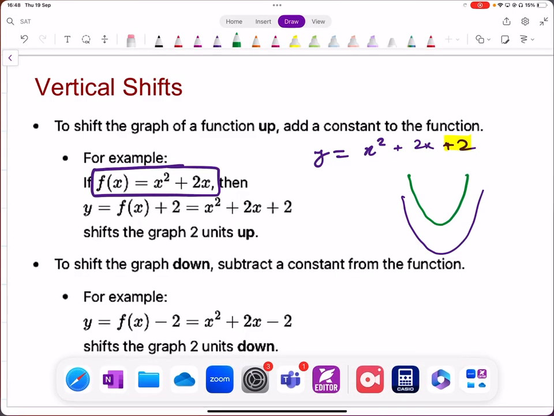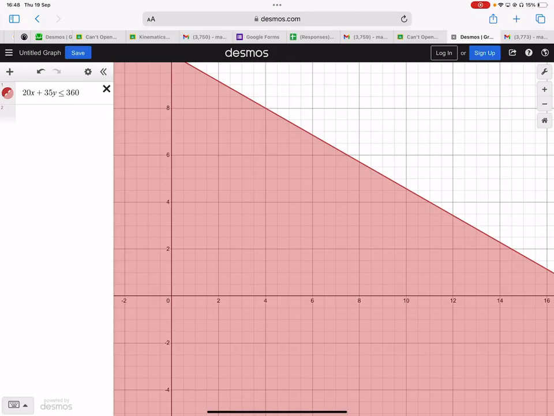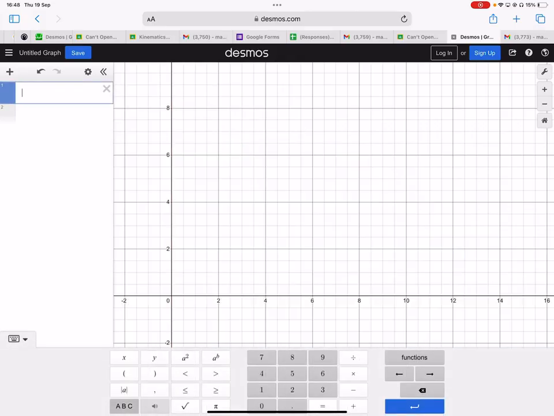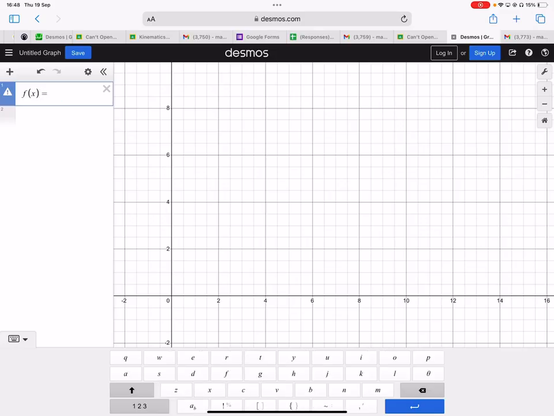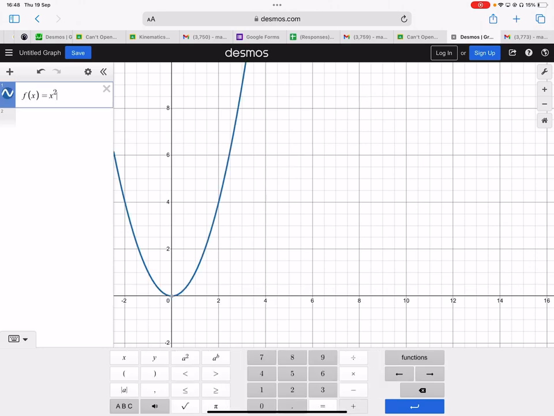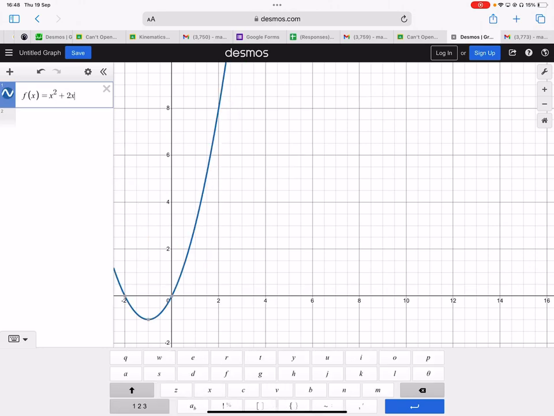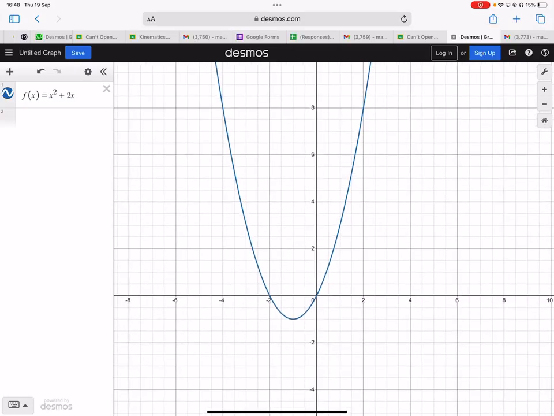Okay, you can try this on Desmos to understand this. You have one function which is f of x equal to x squared plus 2x. This is what the graph of this function looks like.